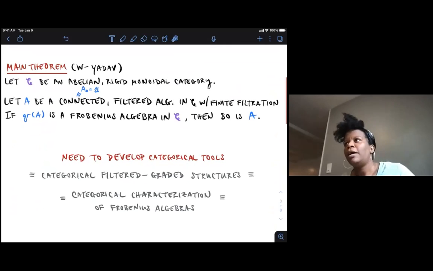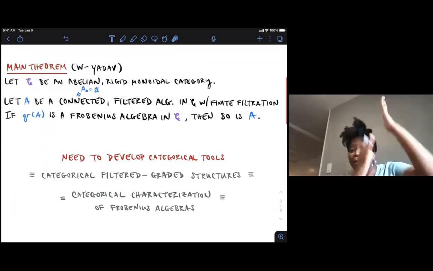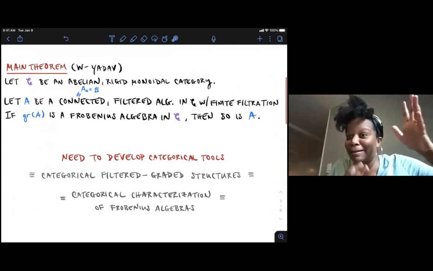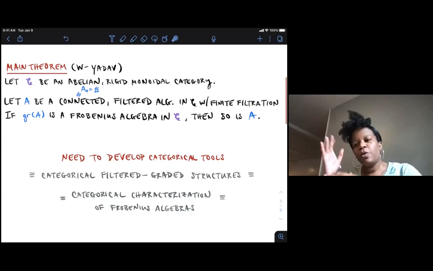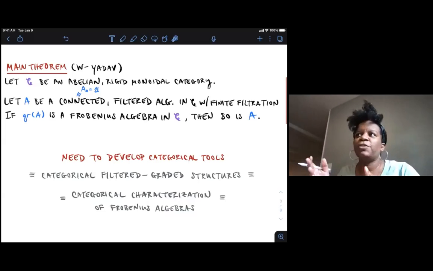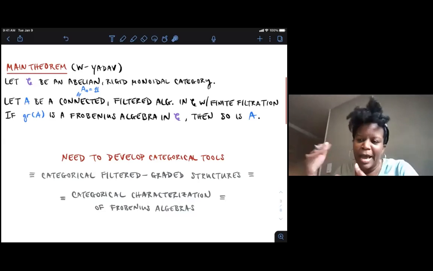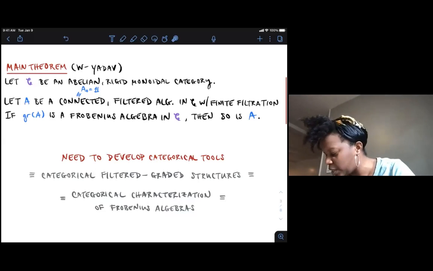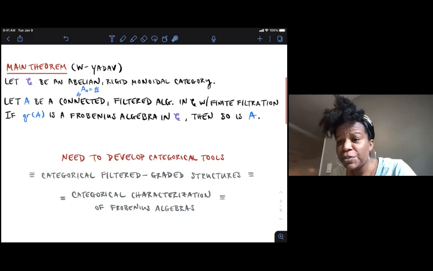So at least over a field, there are like 10 equivalent definitions of Frobenius algebras. I can name like 10, a lot of them. But in monoidal categories, prior to this work, there are about 3, and then we add another characterization. Okay, so those are the tools we're going to consider. Any questions so far before I get into the tools?